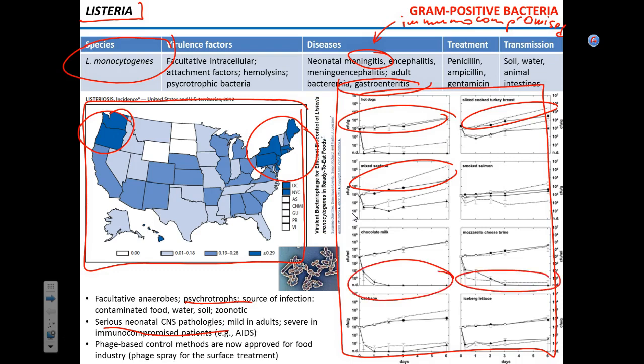So you can see that in some foods, this phage is quite effective. For instance, if you spray the phage on iceberg lettuce, it significantly reduces the Listeria load on it. Okay, same goes for cabbage, chocolate milk, cheese. It is for some reason not effective on things like smoked salmon or turkey breast.